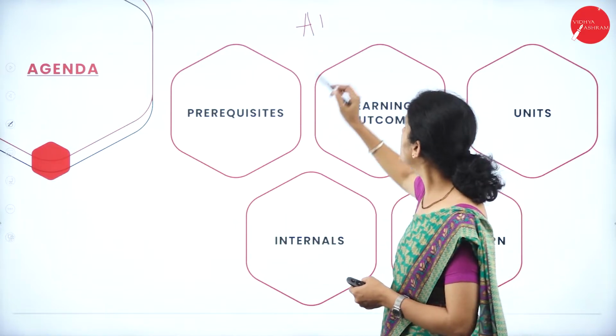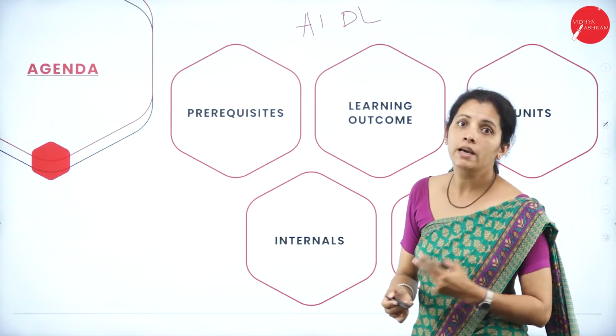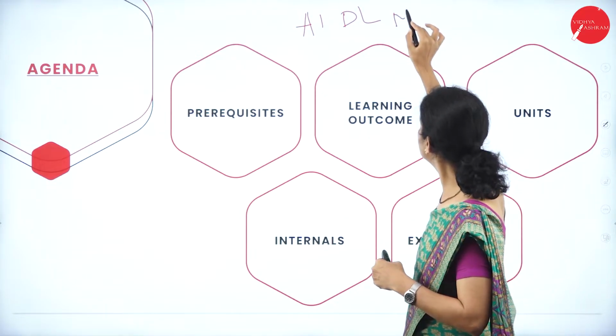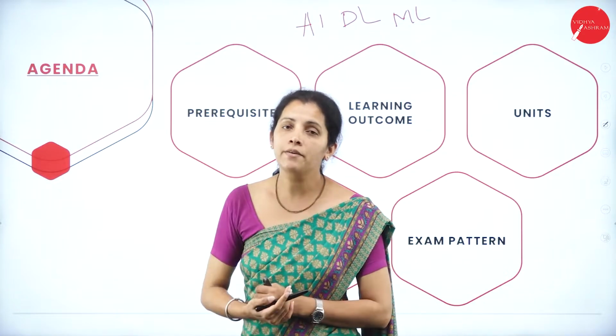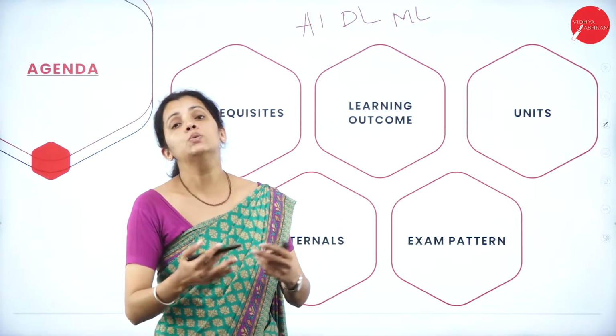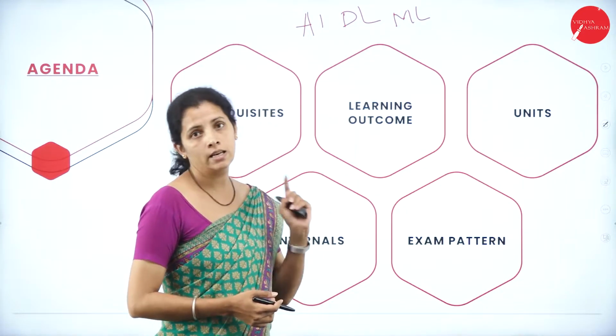If I go with deep learning, once again, numbers. If I go with machine learning, once again, I'm going to play with numbers. If I consider neural networks, once again, I'm going to play with the numbers.